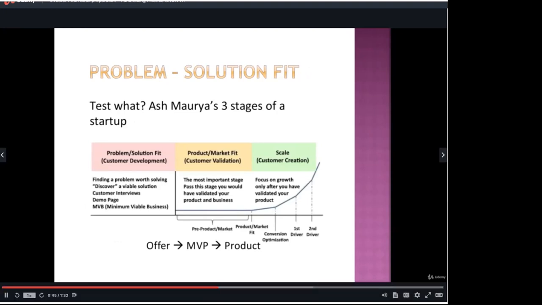To understand problem solution fit, it is good to look at the curve suggested by Ash Maurya. The first stage is the problem solution fit, i.e., the customer development stage. It is about finding a problem and then the solution to it.